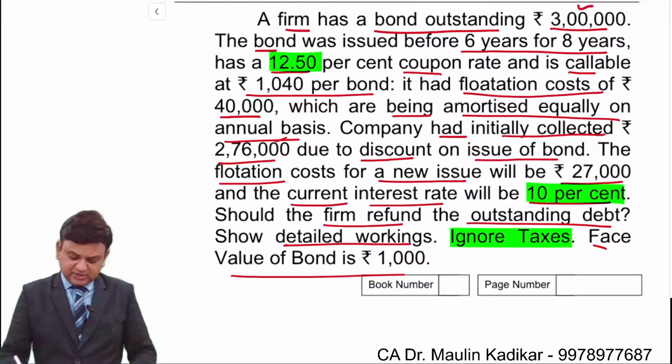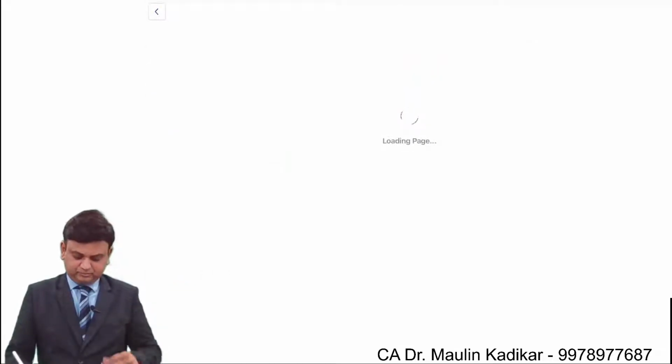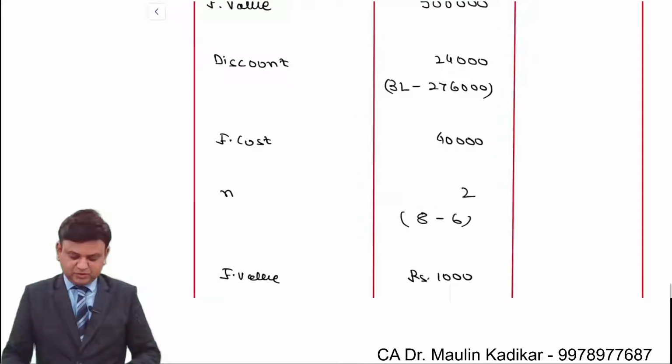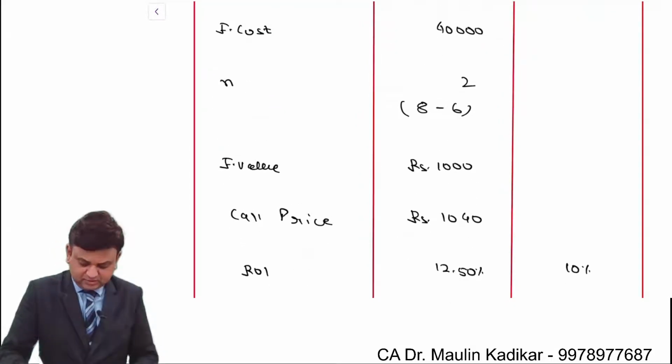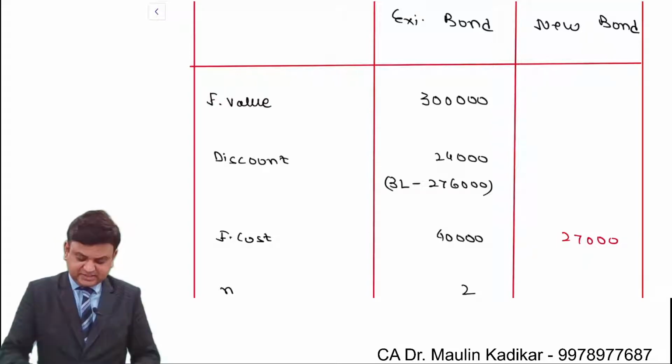For the new security, the flotation cost is given as 27,000. So we have been given that if we go for the debt rescheduling, then for the new one it will be an amount of 27,000. Of course, the new bond will have the same face value, 3 lakhs.